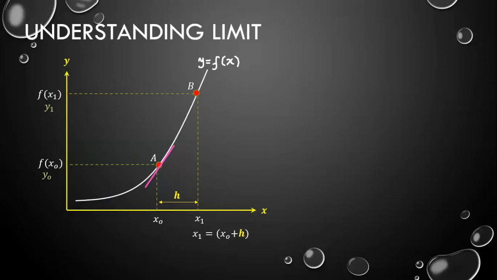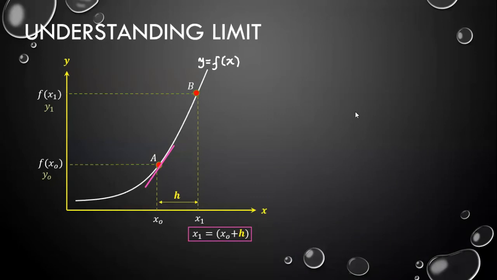So it means x0 is moved by h step to x1. The distance from x0 to x1 is h. That's why we call x1 equal to x0 plus h. Right, everyone?